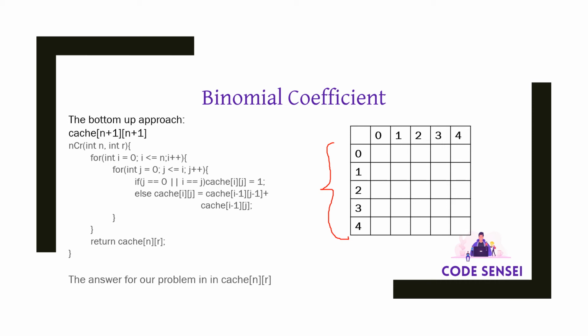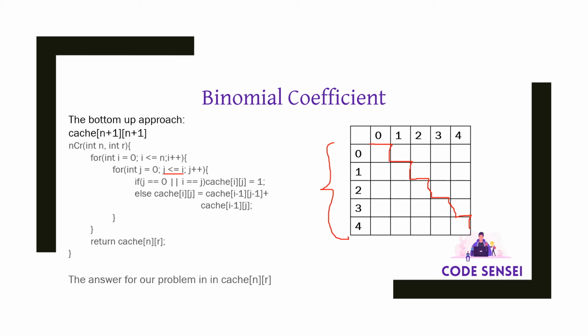And then for each column, we just have to go till its value of row. That's for the 0th row, we will go only to the 0th column. For the first row, we will go only to the first column. For the second row, we are going to go only to the second, and for the third, we will go to third, and fourth, we will go to fourth. Right? So for that, the value of j is going to go till the ith value.